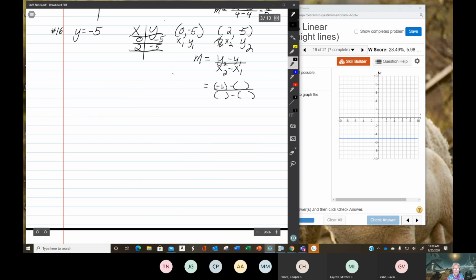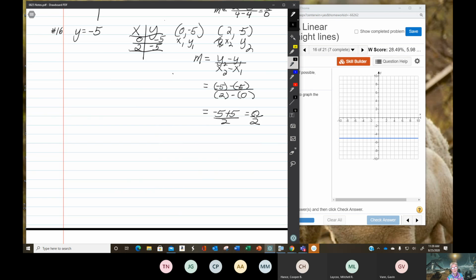Y2 is -5. Y1 is -5. X2 is 2. X1 is 0. And so I'm going to have -5 plus 5 over 2 equals 0 over 2. Now you can put that in your calculator and the answer is 0.